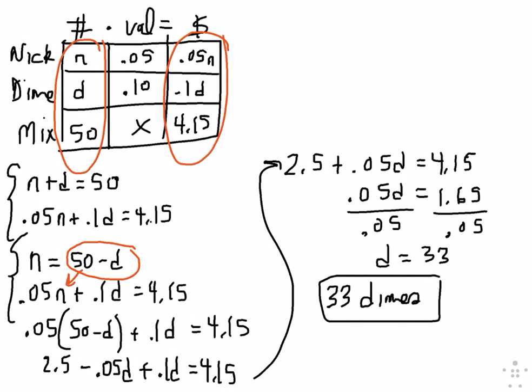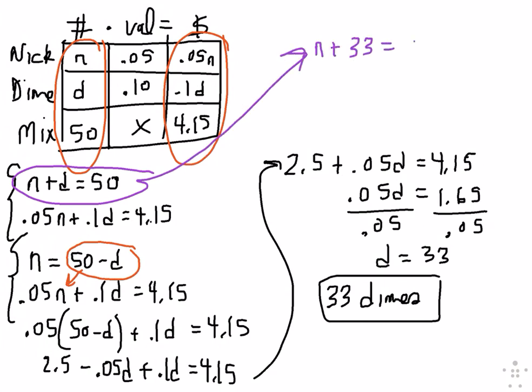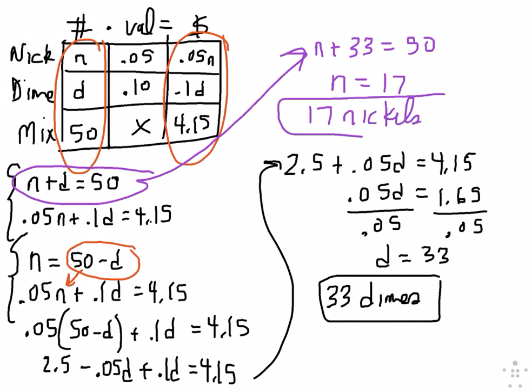If it asked for how many nickels there were, then we could go to this equation, right? And say nickels plus dimes, 33, equals 50. So nickels equals 17 nickels. But in this case, it did not ask us that, so we wouldn't give that answer.